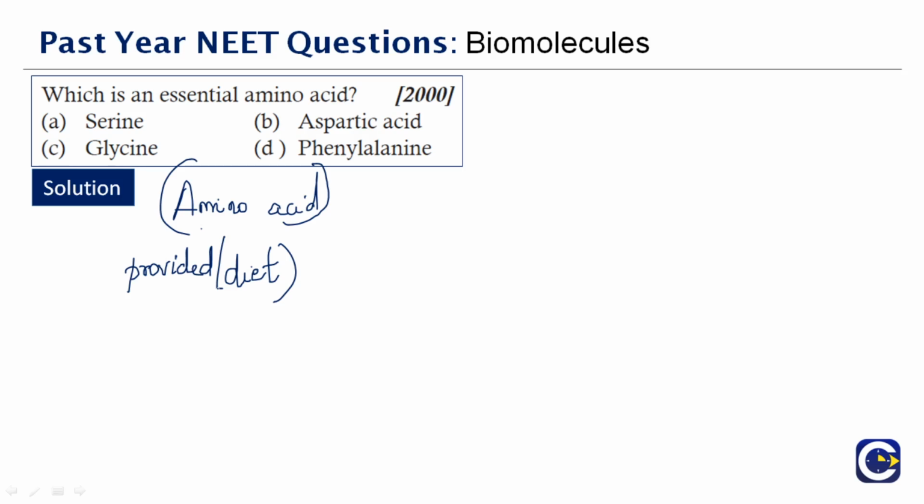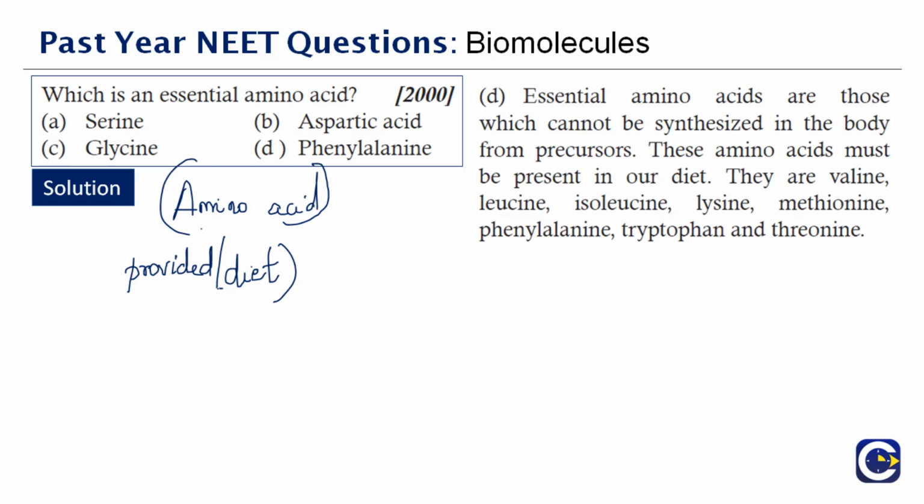When we say non-essential, they are synthesized by the body. Therefore, the correct answer to this question is phenylalanine. Serine, glycine, aspartic acid are all non-essential amino acids, which can be synthesized in the body itself.